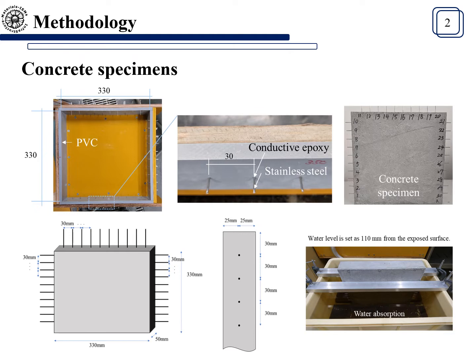A concrete mixture with a water to cement ratio of 0.65 was used in this study. Prism specimens were cast with a cross-section of 330 by 330 mm and a thickness of 50 mm as shown in the figure. It is noted that stainless steel electrodes with a diameter of 1.4 mm were embedded by inserting them to a depth of 10 mm before casting.